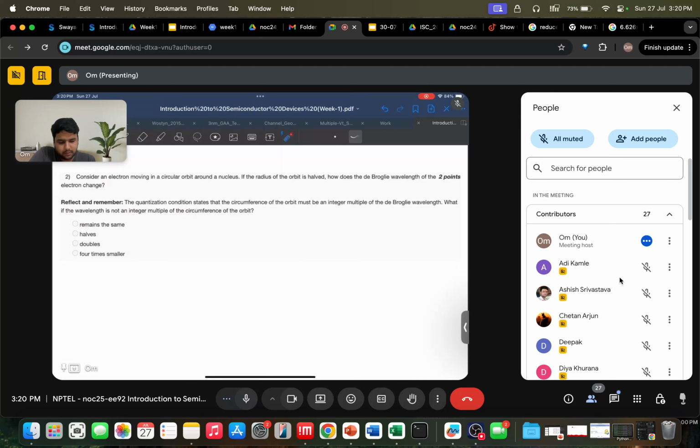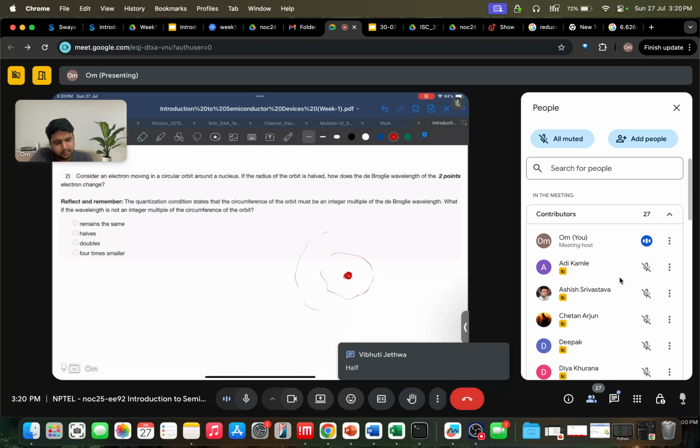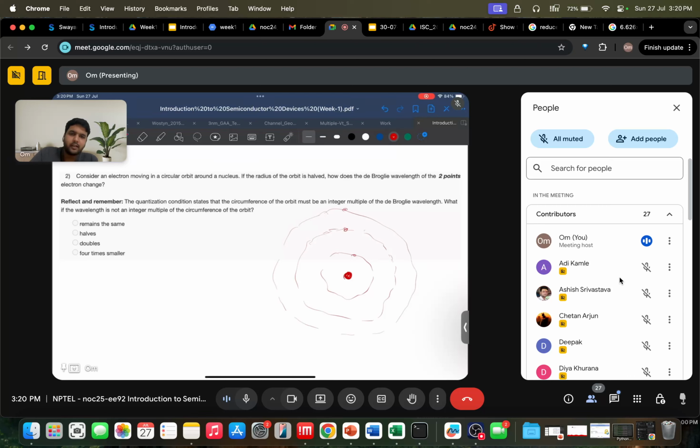Let's talk about it a bit. We have a nucleus, and we have certain orbits around it where the electron can be. The electron can be here or in any other orbit, but it has to be in a predefined orbit.